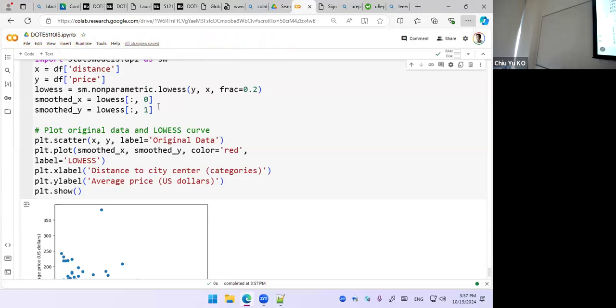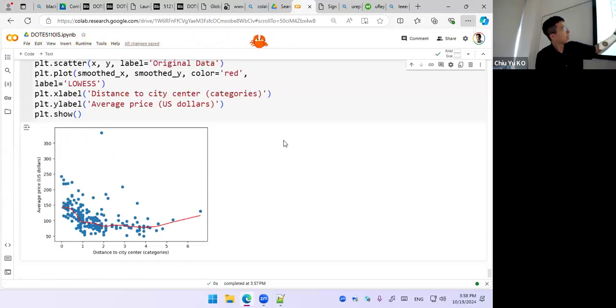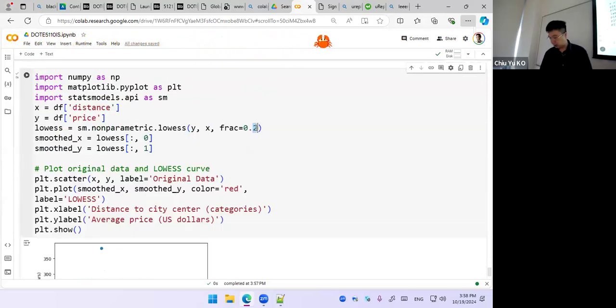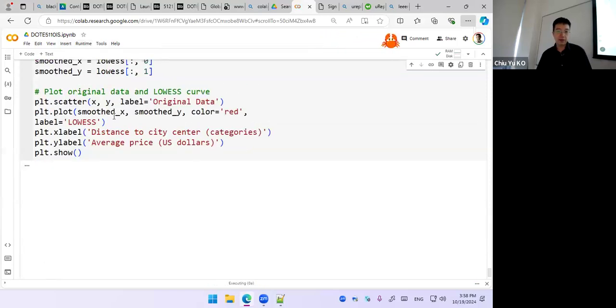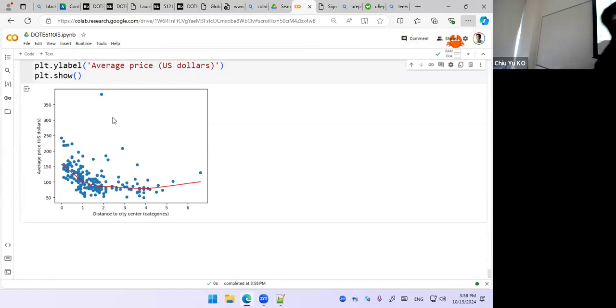So you can use 0.3, 0.5, whatever you like, depending on how much data you have, and the default is 0.6. There's no hard and fast rule which is better. But at least look at this diagram. It will tell you how nonlinear the thing is. I don't know whether you like this one or the 0.5 one. It's really up to you how curved you want it. You may use 0.9, 0.8, 0.7. This is your choice. Every time, it depends on how much data you try to smooth.